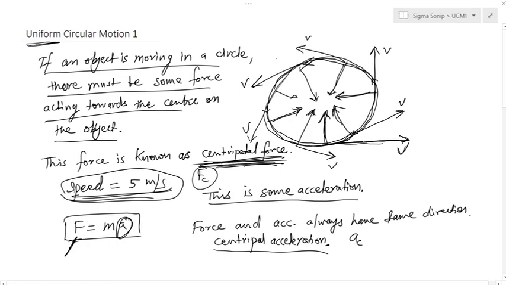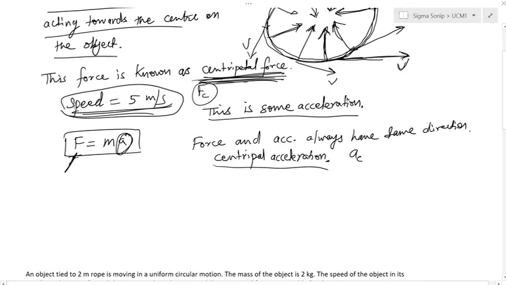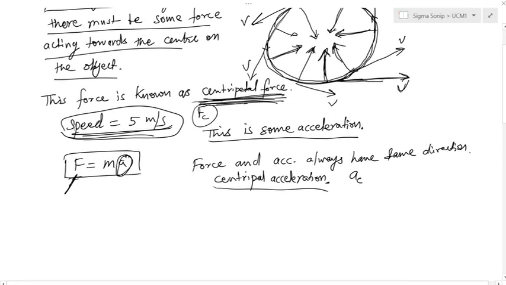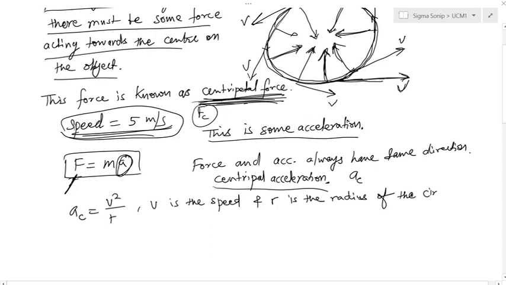All right, and just one more thing, this centripetal acceleration is equal to v squared over r, where v is the speed and r is the radius of the circular path. This is a very important relationship, and using this equation we can find centripetal force as well.